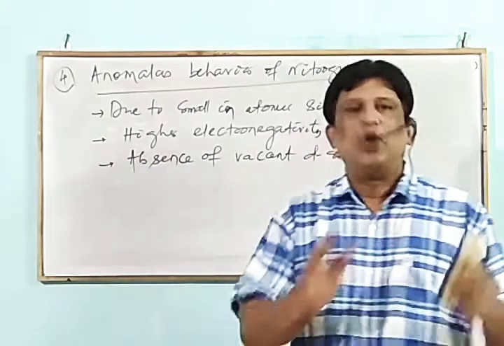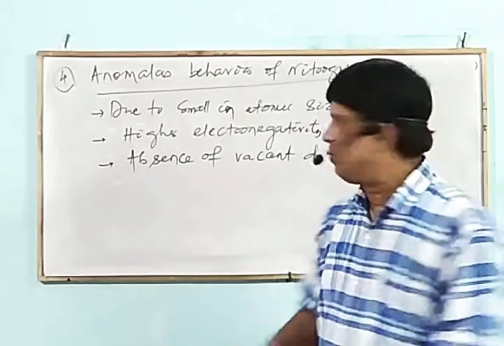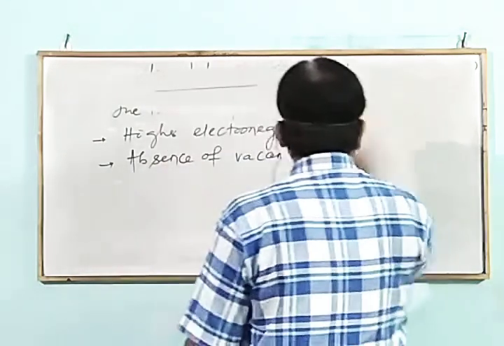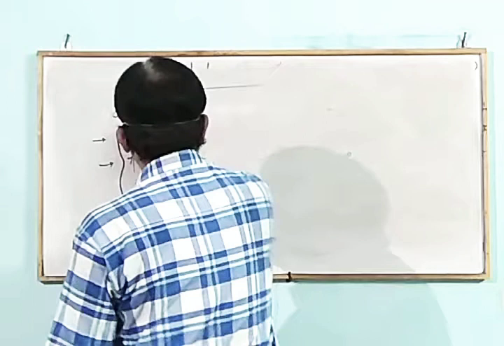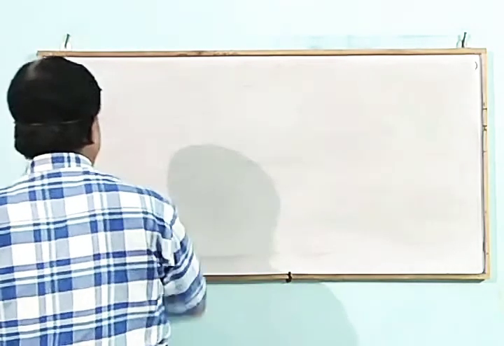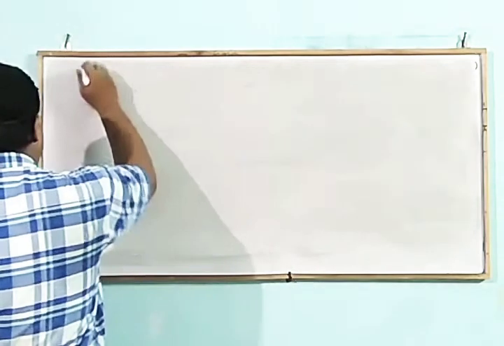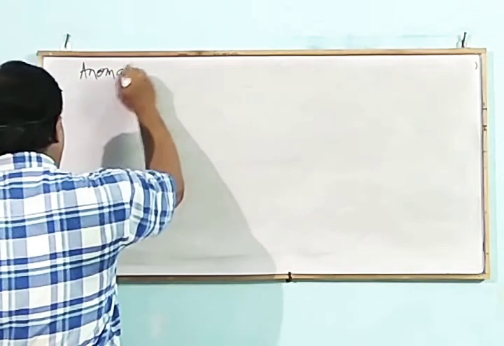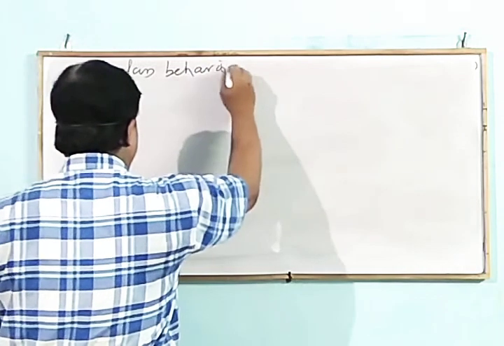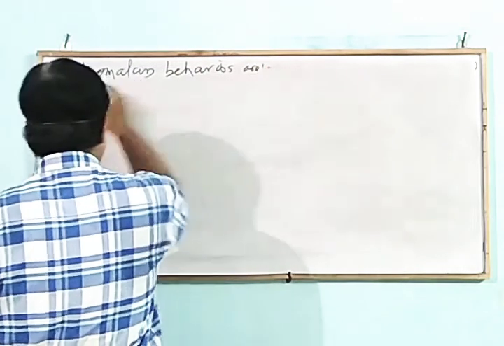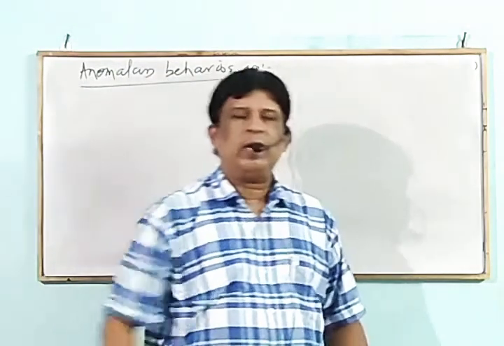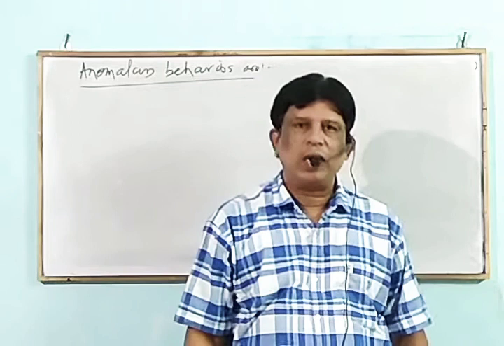Next we discuss what the different anomalous behaviors are. 4 to 5 points are there. Let us discuss one by one.